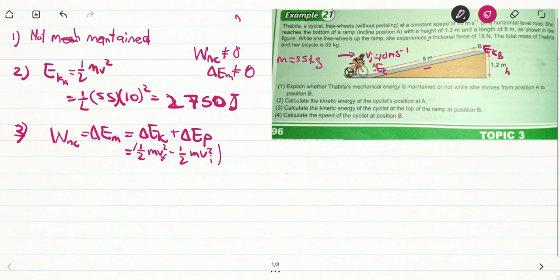This part here is for delta EK, plus the part that I'm about to write now is for delta EP, potential energy. It's mgh final minus mgh initial.